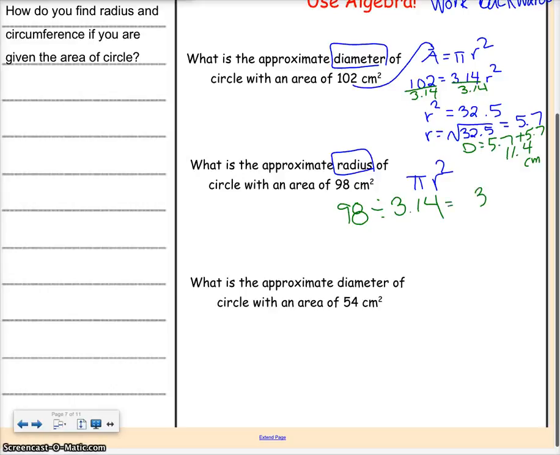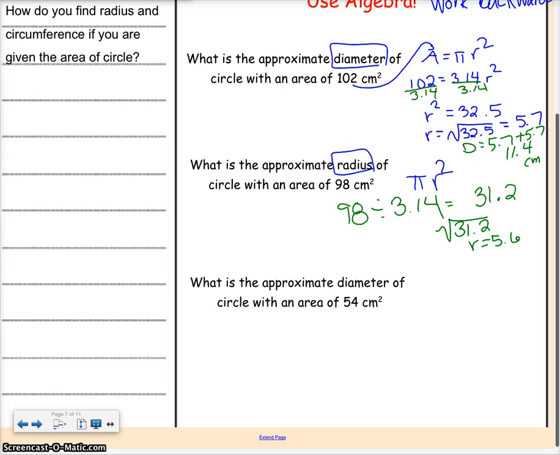So this is 31.2. I didn't do all my backwards yet. I did the backwards of timesing by pi. Now I need to do the backwards of squaring. So I'm going to take the square root of 31.2, and you get 5.6. r equals 5.6.